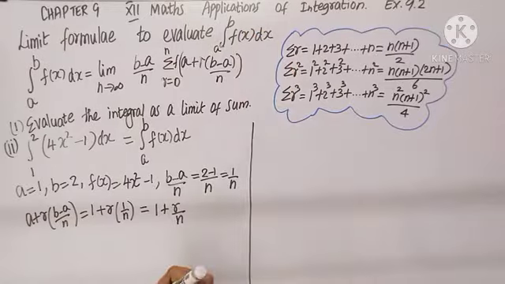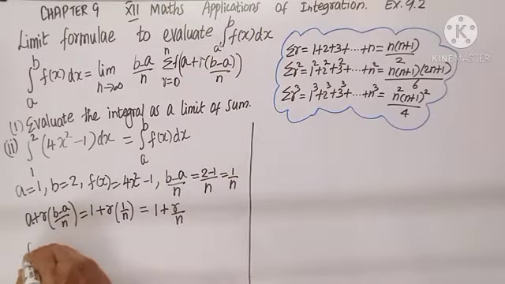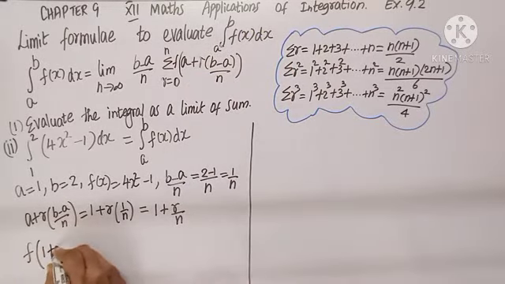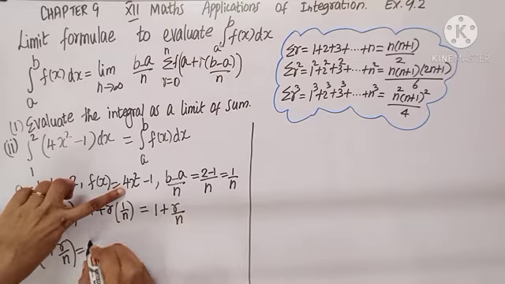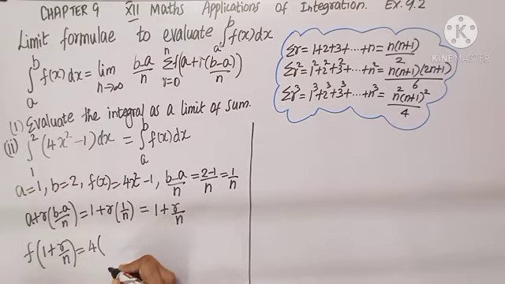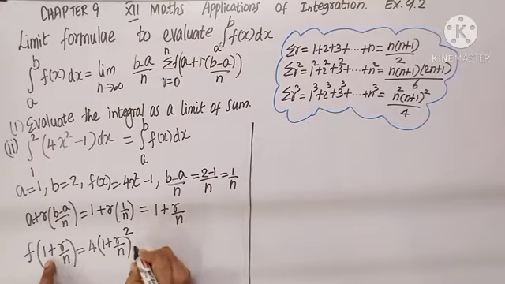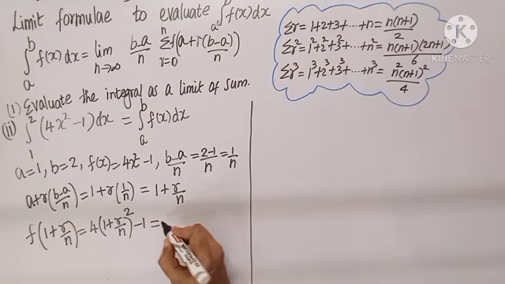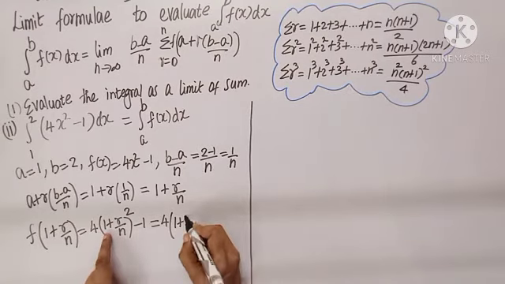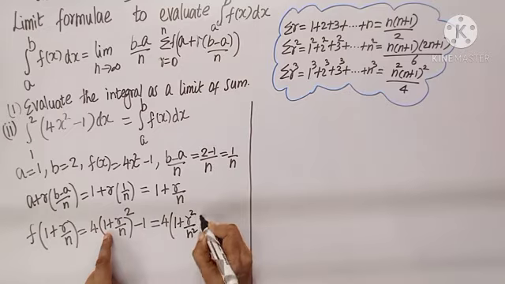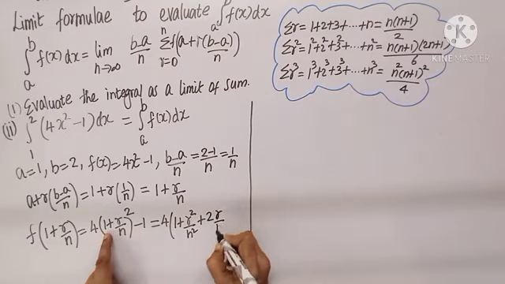We want to find f of 1 plus r by n. In f of x, wherever x is coming, substitute it into 4x squared minus 1. So we have 4 times 1 plus r by n the whole squared minus 1. Simplify this using a plus b the whole squared, a squared plus b squared plus 2ab.